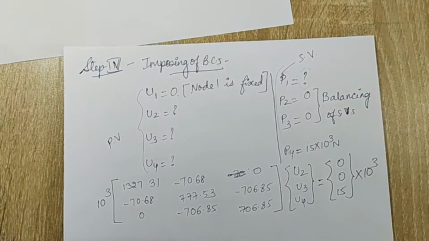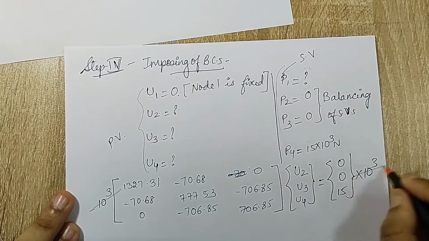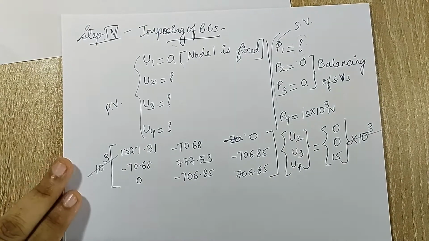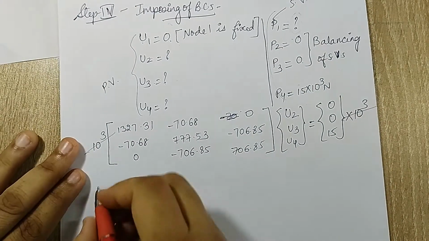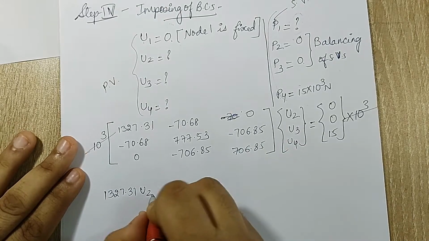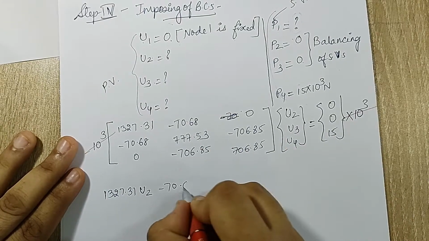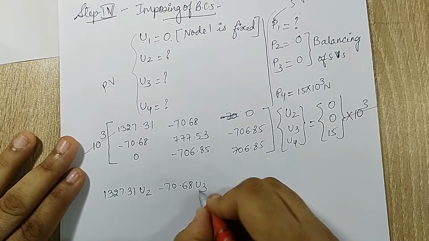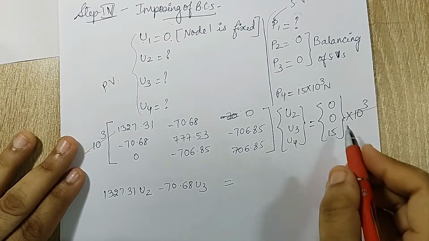Now I can cancel out the 10 raised to 3 term from both sides and write down the equations. So I will have 1327.31 into U2, then minus 70.68 into U3, and 0, is equal to 0 on the right hand side.